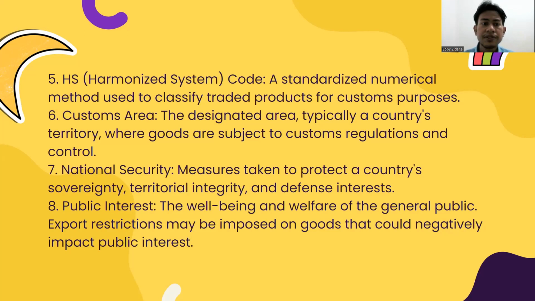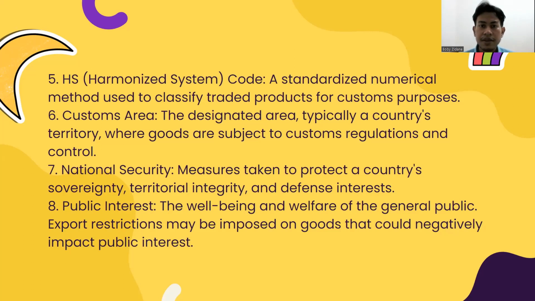And the number 6, customs area. The designated area, typically a country's territory, where goods are subject to customs regulation and control. And the 7 is national security. It is a measure taken to protect a country's sovereignty, territorial integrity, and defense interest.